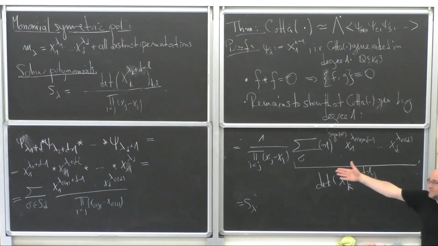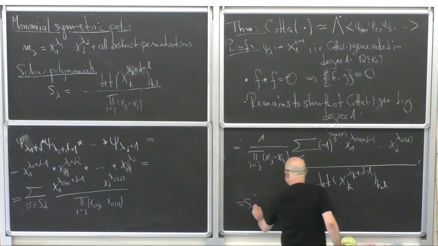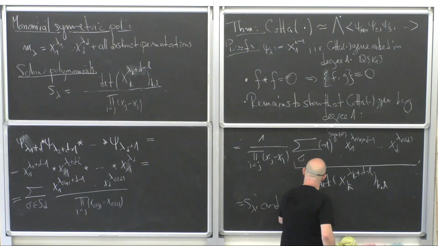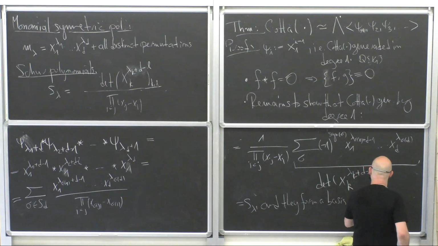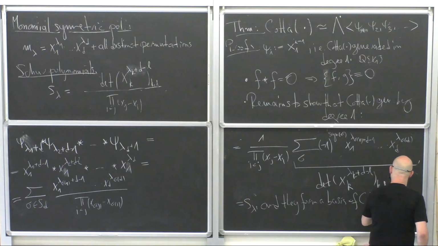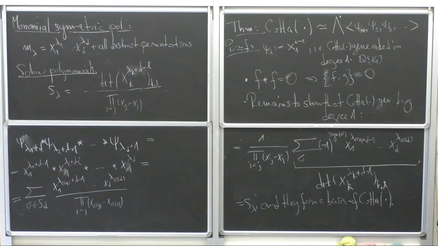So we get a linear basis as images of the product, so these are generators, and they form a basis of the Coha. So the whole thing is generated by the psi's, and they anti-commute, and then you easily see that this is indeed an isomorphism when the Coha is computed. Okay, so end of the proof.